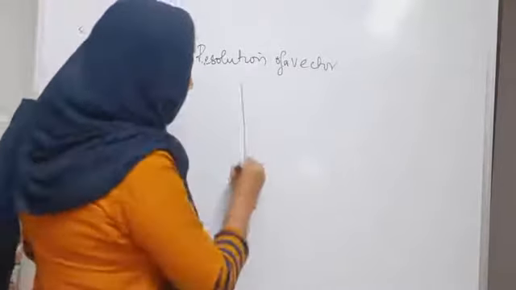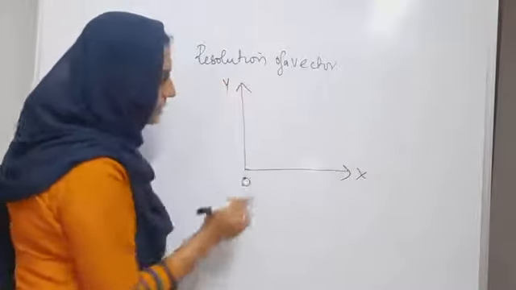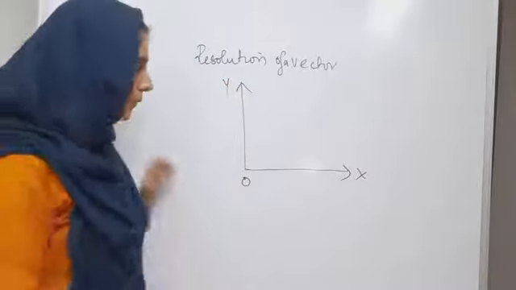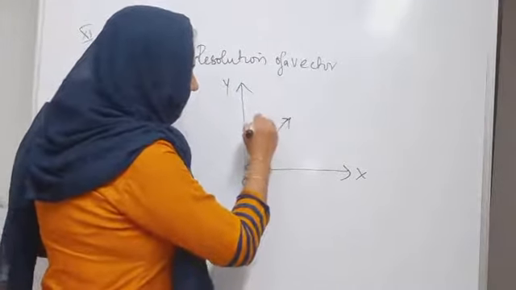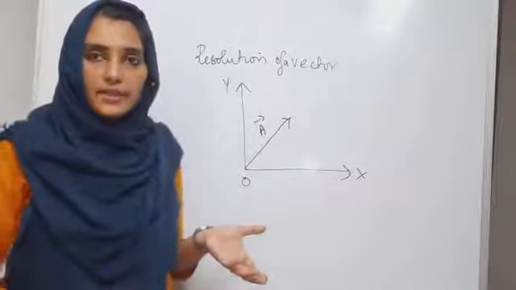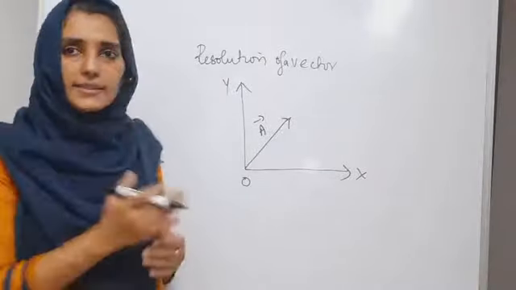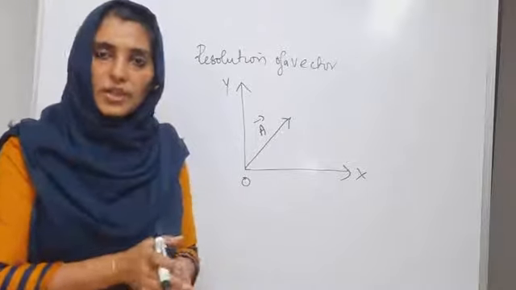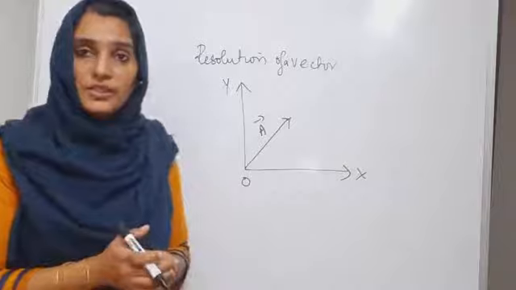So again, I'm going to draw the Cartesian plane, which consists of an x-axis and y-axis meeting at the origin O. Suppose I have a vector A. I'm going to split this vector along the x-axis and along the y-axis. The idea is the same which I have explained already in the representation of position vector.